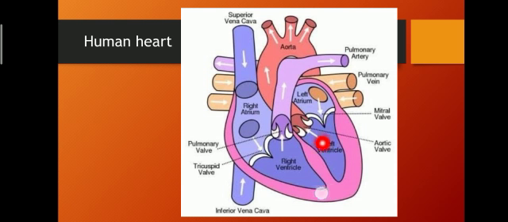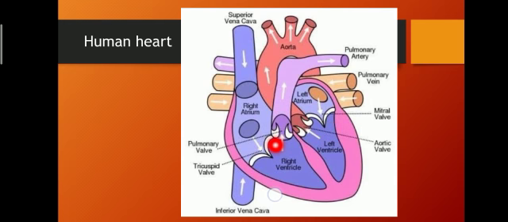Then comes the pulmonic valve, which is present between the right ventricle and pulmonary artery. And the last valve, that is aortic valve, which is present between the left ventricle and aorta. Now all these four valves which help in the one-direction movement of the blood do not allow blood to move back or to flow back.